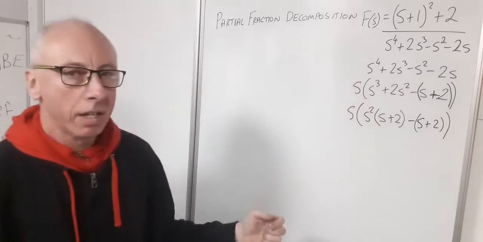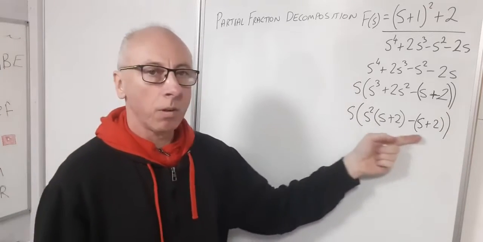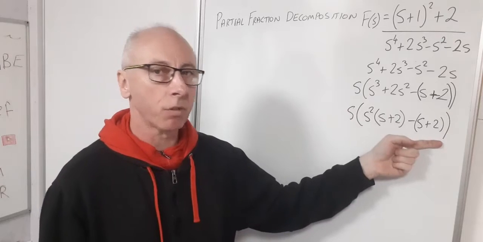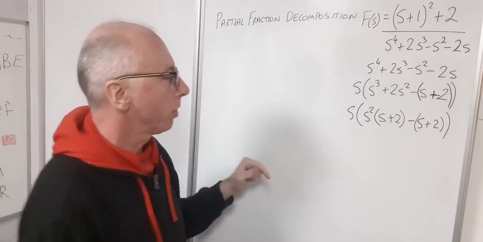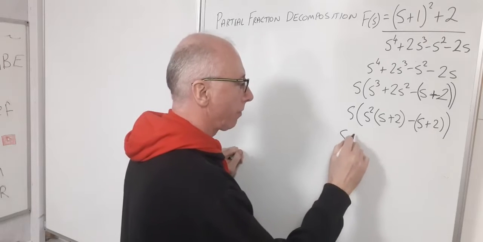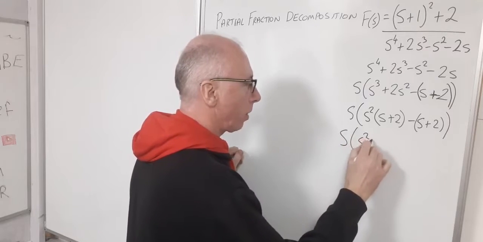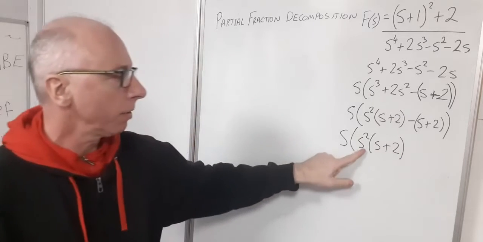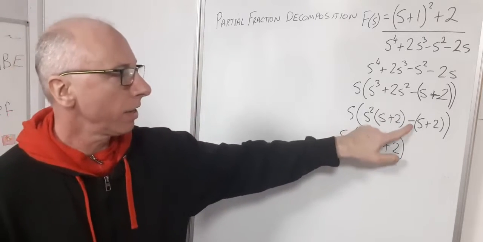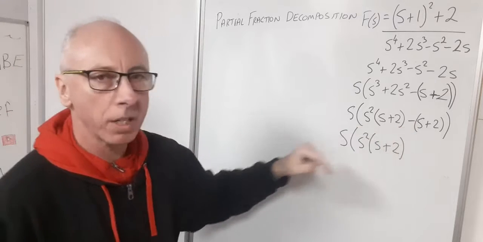So the result of this is some sort of factoring by grouping. So I've got an s plus 2 for both. So now I can write s times (s squared times (s plus 2)). Now this s squared here, there is a sign here which I could put a minus 1.